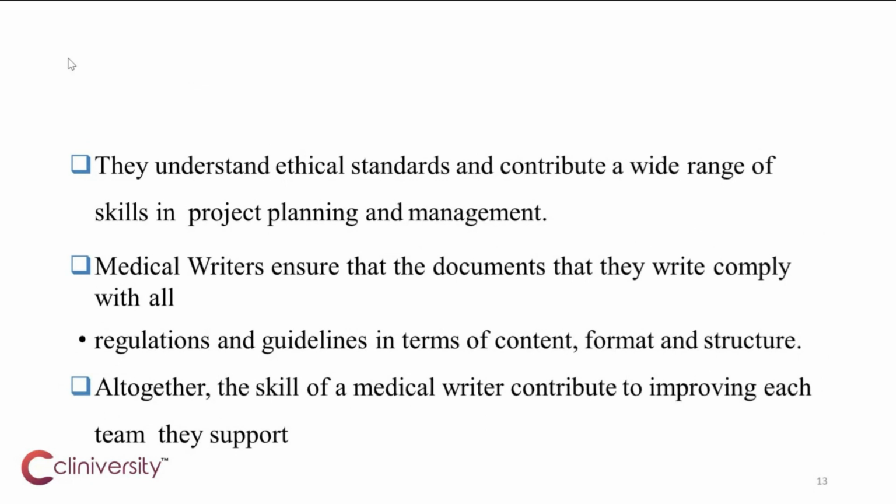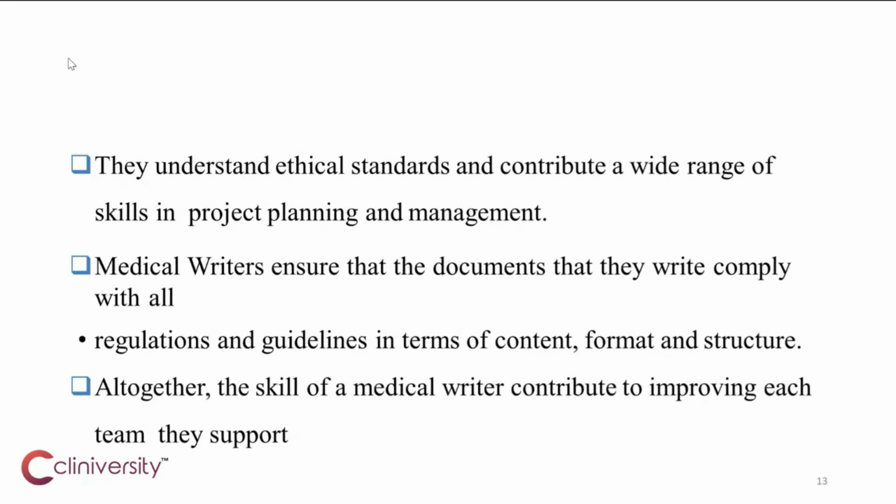What is this ethics? Every individual who goes through the document believes the document 200%. So if you're involved in research, directly or indirectly, you have to follow research ethics. If you're involved in publication, you have to follow publication ethics. And as I told you, we are working for the medicine and healthcare stream.